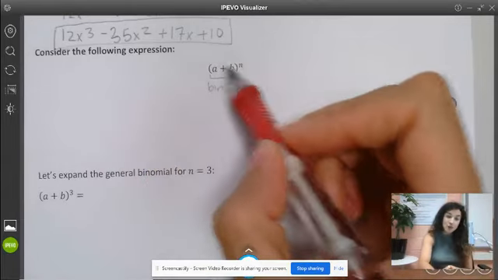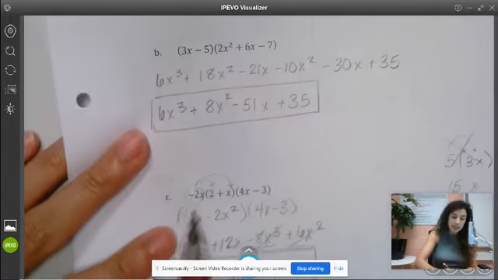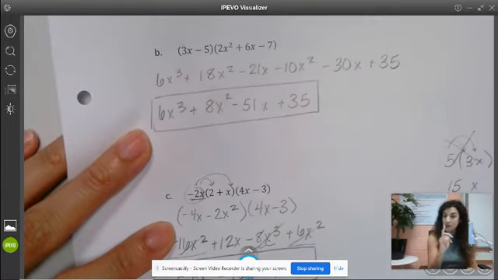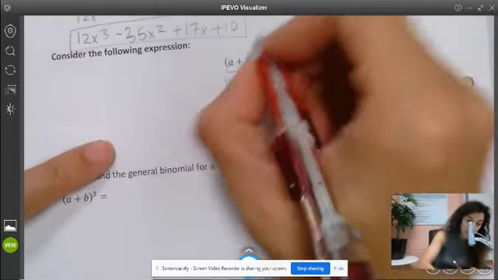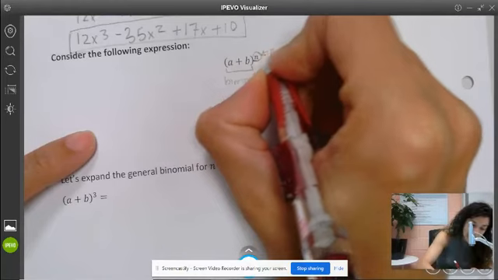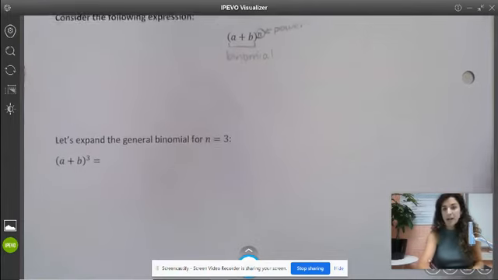It's binomial because it has two terms, as opposed to a monomial. For C, this was a monomial because it only had one term. This has two terms, so it's called a binomial. This n is the power of the binomial, and we are going to talk about an expansion of a binomial.